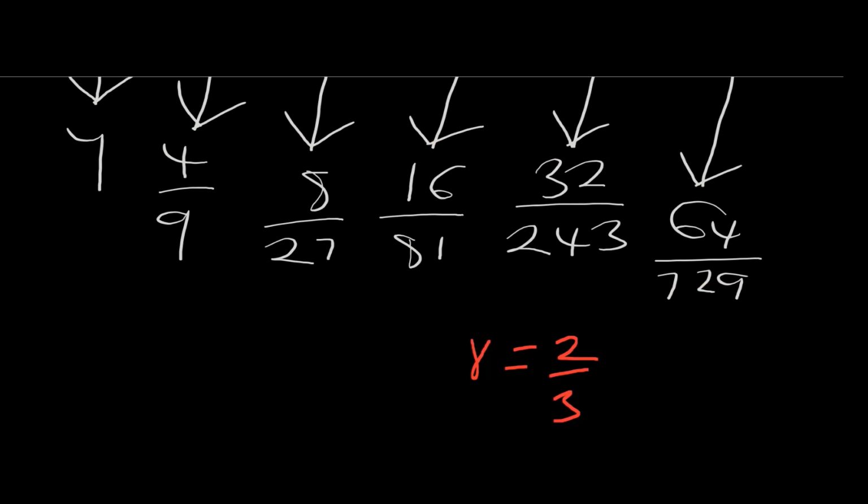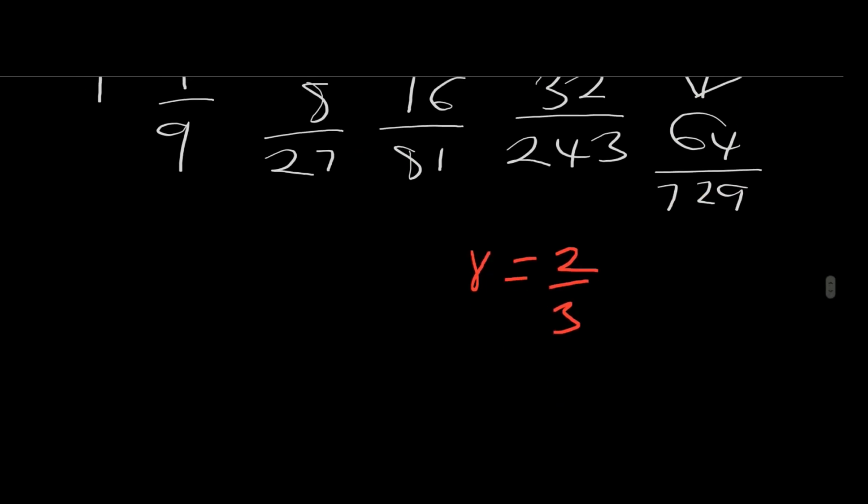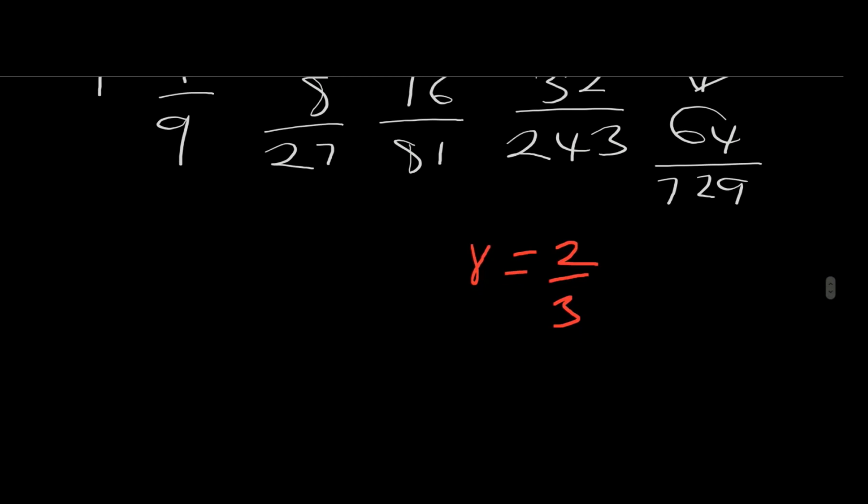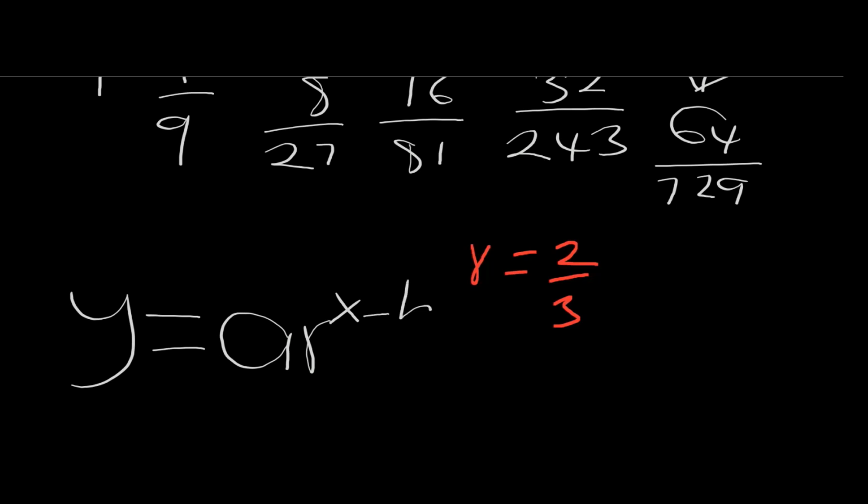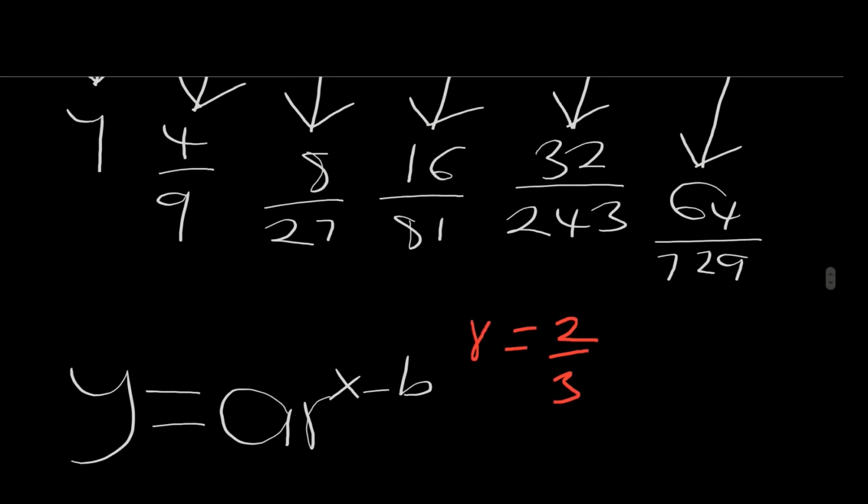So once we are able to get the common ratio in the codomain, then it means that the mapping is an exponential mapping, which follows the rule y is equal to a r exponent x minus what? b. And we have already calculated for r.